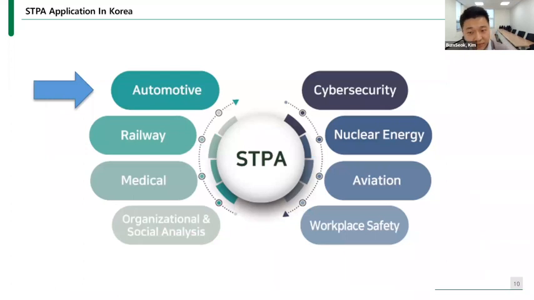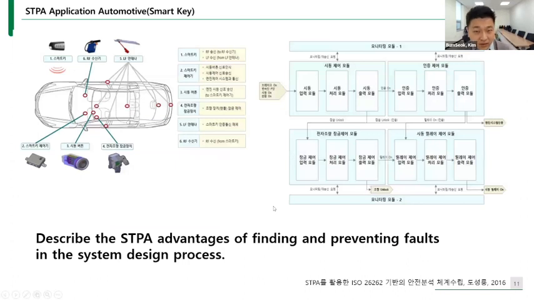STPA can be applied in many fields and industries, and I will show you the applications in Korea. The first industry is automotive. I ask for your understanding before I show you, because the original research documents were quoted and written in Korean, so Korean is inevitably included.